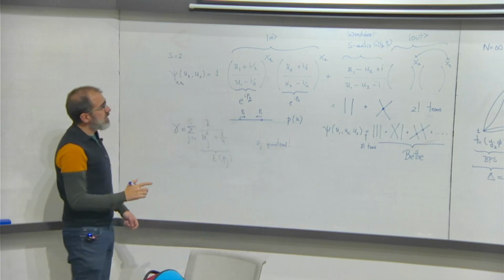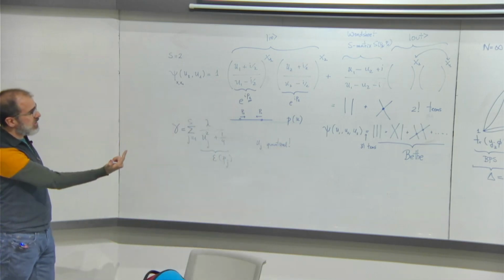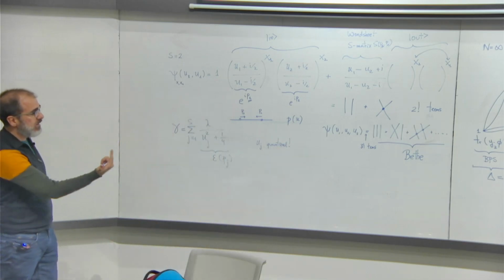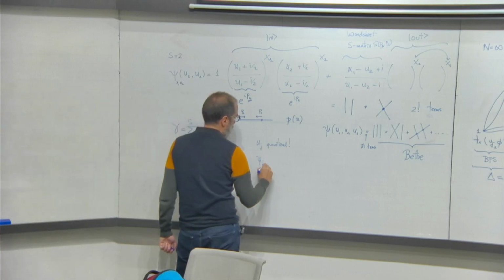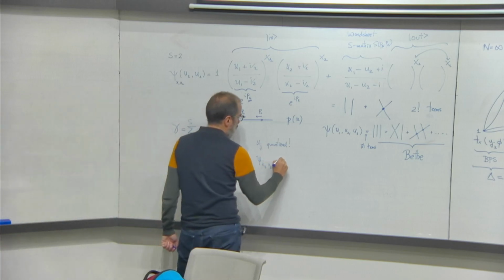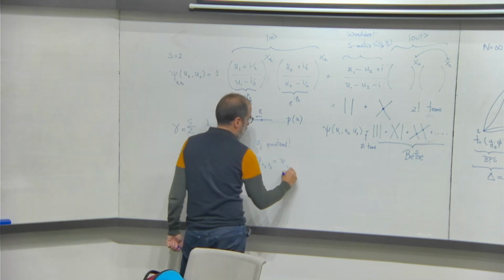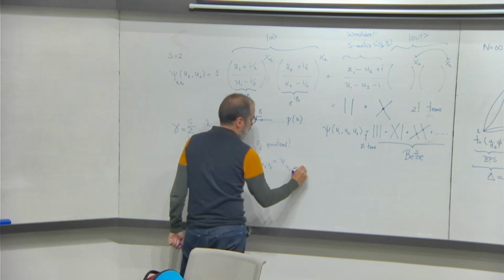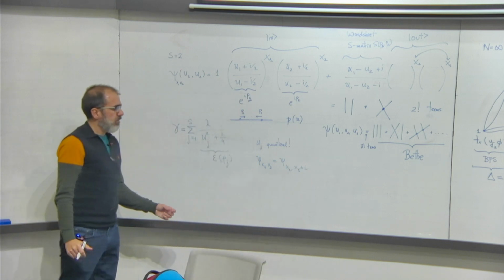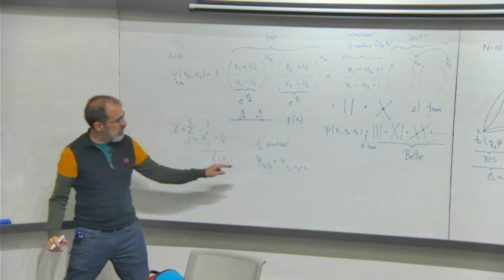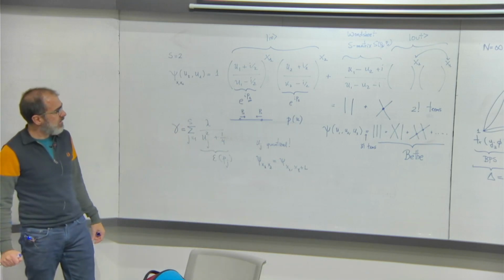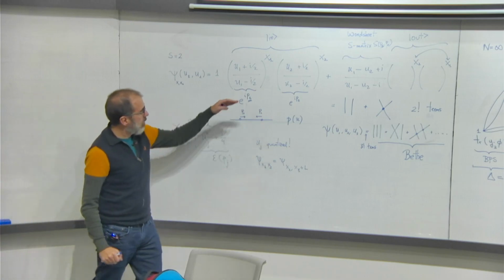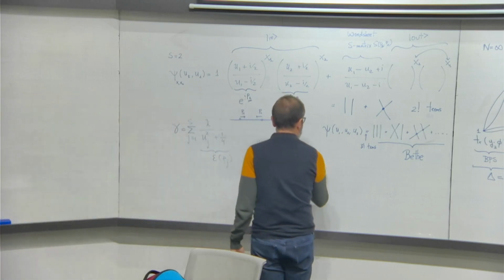And they are quantized by imposing, of course, that my wave function, that's a trace, like Nathan was saying, is periodic. So if I impose that my wave function at x1, x2 is equal to my wave function when I shift, say, x1 by L, I wrote it like this because I want to preserve that they are ordered. So when I shift x1, I write it like this. If you impose this equation and plug it here, you get the following equation.